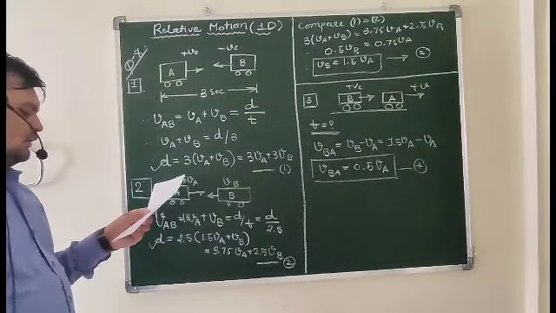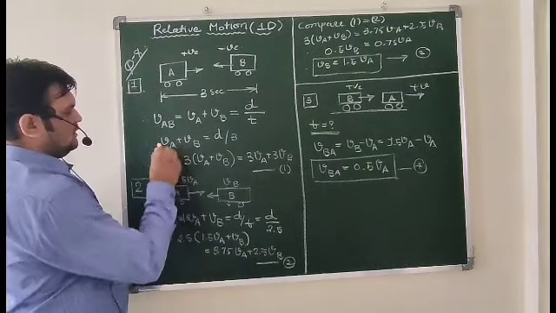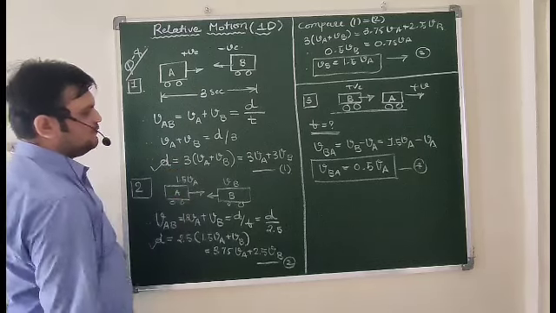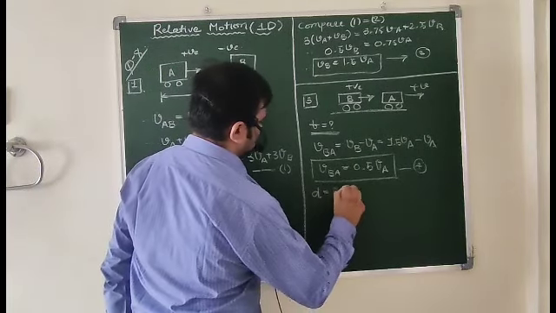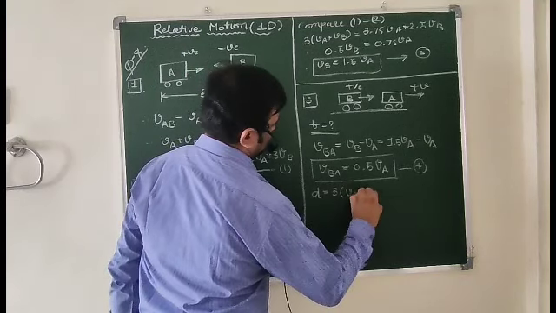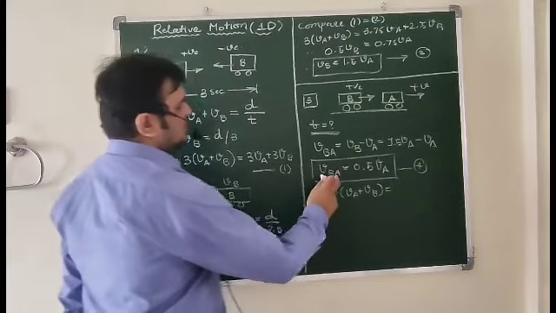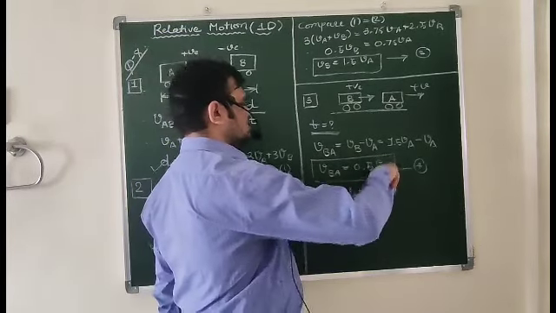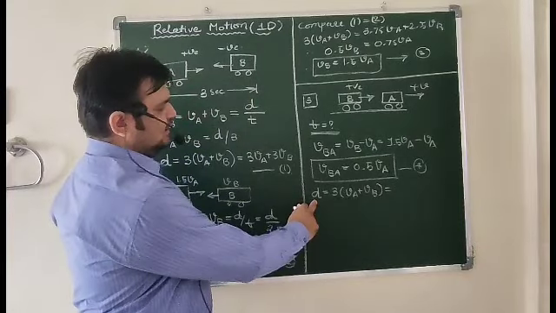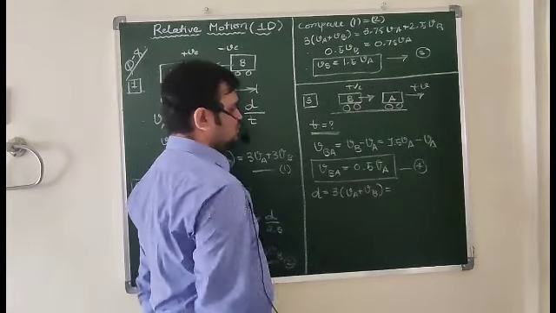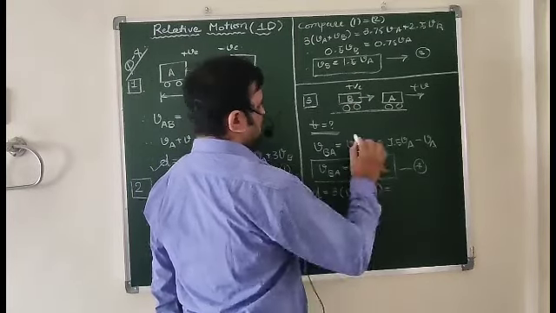Now here we have to find out the distance from this expression. D is equal to 3 (VA plus VB). So here the VBA expression is in terms of VA, so we have to find the distance D also in the expression of VA. So VB is 1.5 VA.